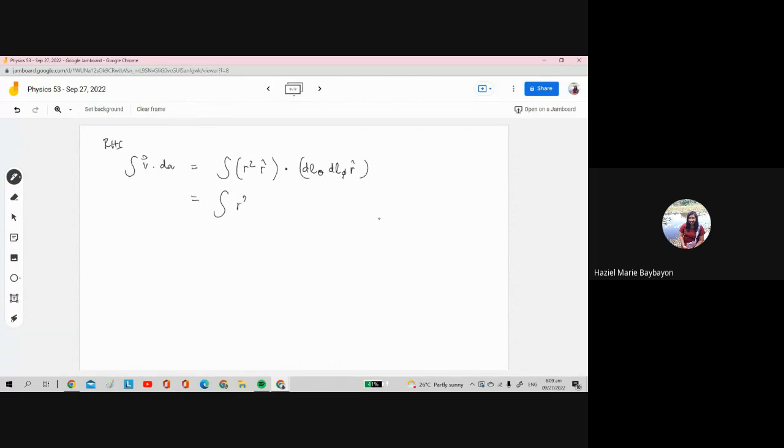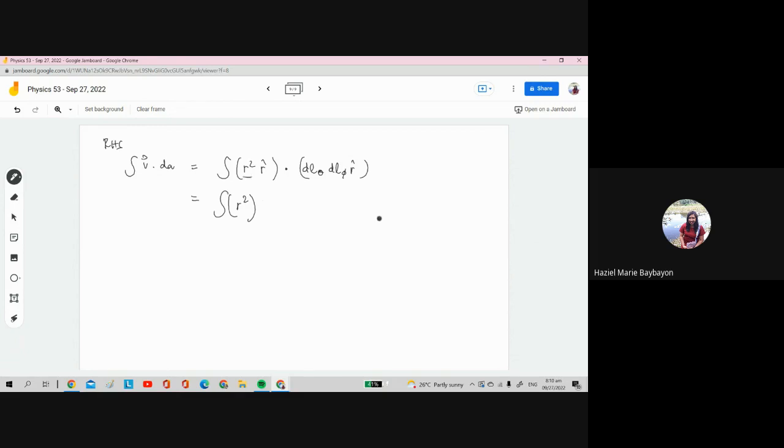So r squared r hat dot with r hat, we multiply directly. So the dot product, we will eliminate this, and we keep r squared from here.